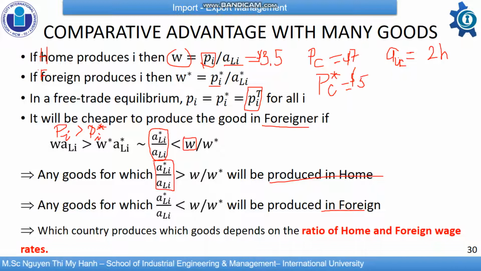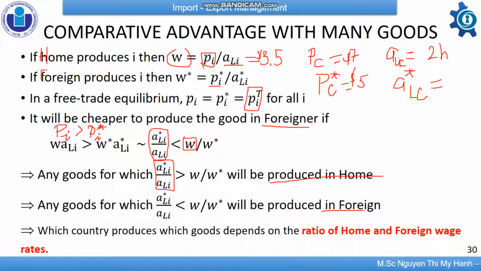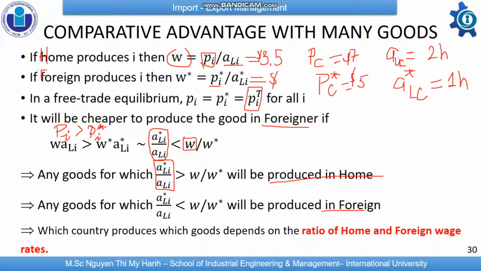And in the foreign country, let's say we need 1 hour, so foreign will be cheaper, and the wage will be $5.